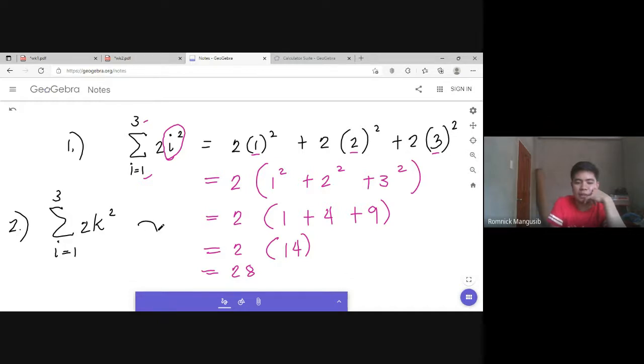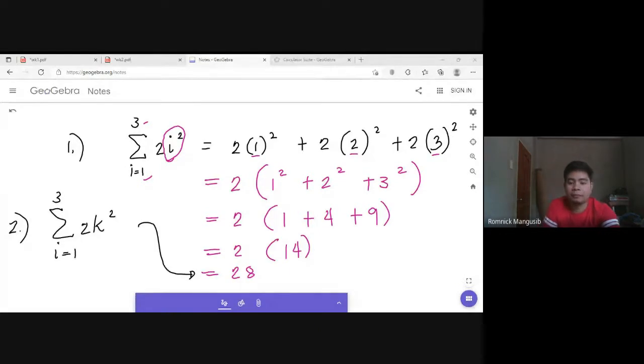So tingin ninyo ba pareho sila ng sagot na 28? Okay, that question, yan ang gusto kong malaman sa inyo. I-comment nyo nga, yes or no ang sagot. Kung ang sagot nyo ay yes, ang summation of 2k squared from 1 to 3 ba ay katulad ng sagot sa number 1, that is 28.